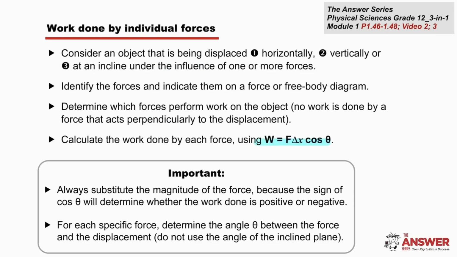We use the definition formula to calculate work done by each force. Use a free body diagram to make sure you don't leave out any forces. We have three typical displacements: horizontally, vertically, or up and down a slope.